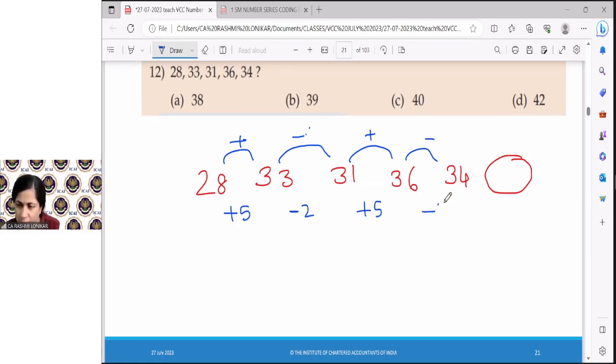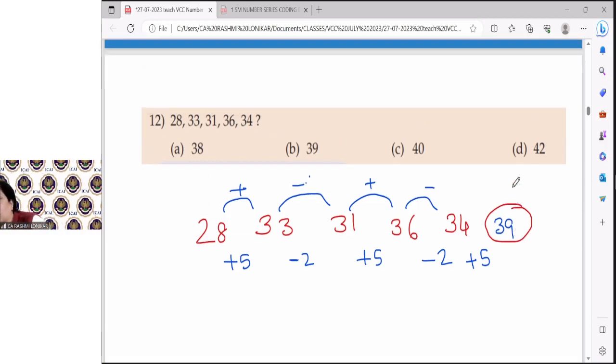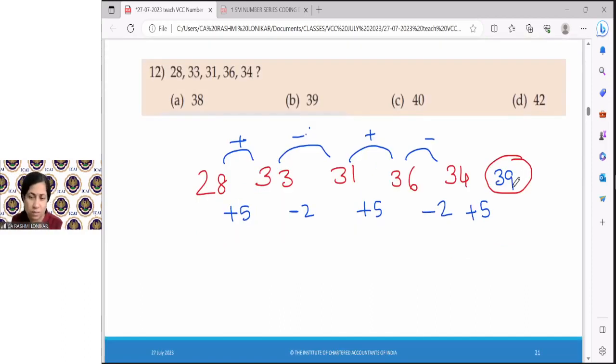This decrease minus 2. Now what should come? Plus 5 minus 2 plus 5 minus 2. Again it will be plus 5. 34 plus 5. 39 will be the answer. So it is not necessary that your series will be increasing only or decreasing only. You can have it like this also.